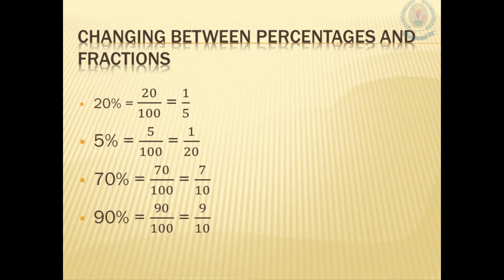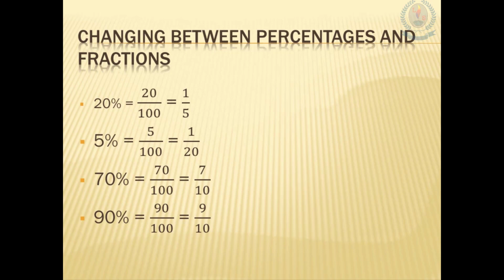Next example, 5%. 5% you can write as a fraction, 5 out of 100. 5 out of 100 you can divide the numerator and the denominator by the number 5 and you can get the simplest answer as 1/20. 70%. 70% means 70 out of 100.